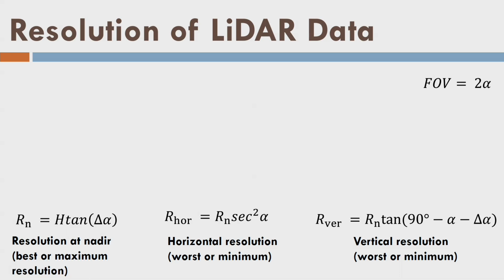Okay, what about the resolution of the data? So far we have talked about the data density, and we are saying that the data density is the number of data points over a unit square area. However, if we see carefully, the data density is determined over a large area, that is swath into speed.